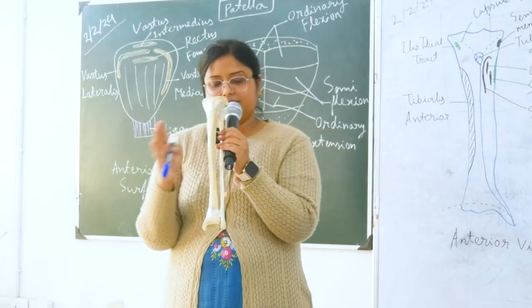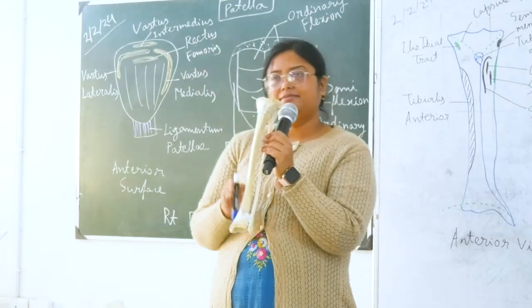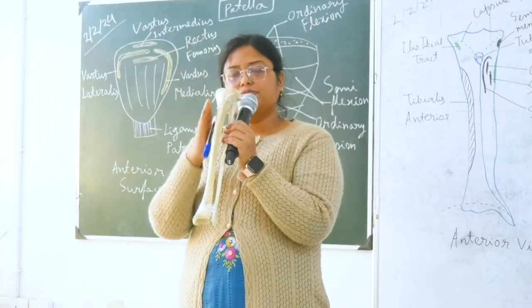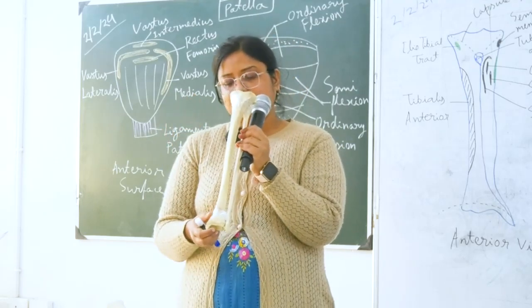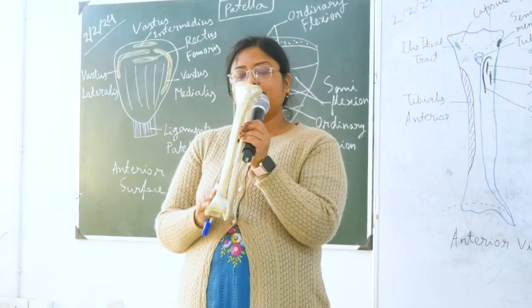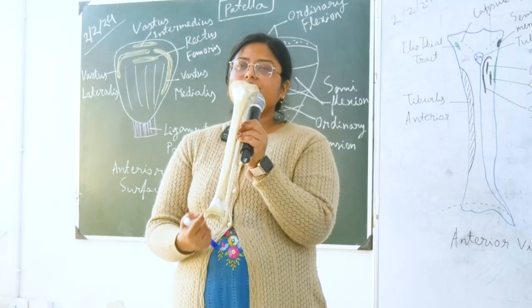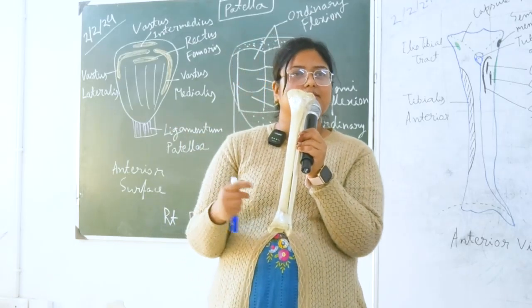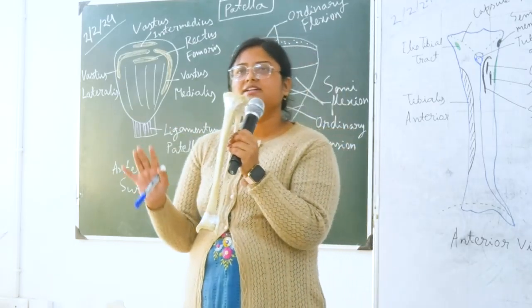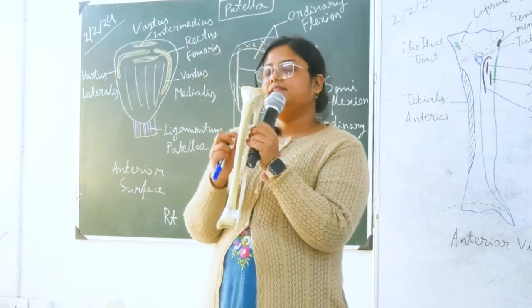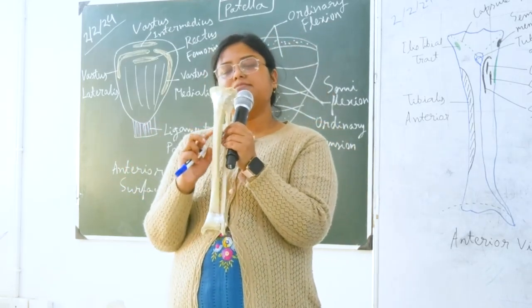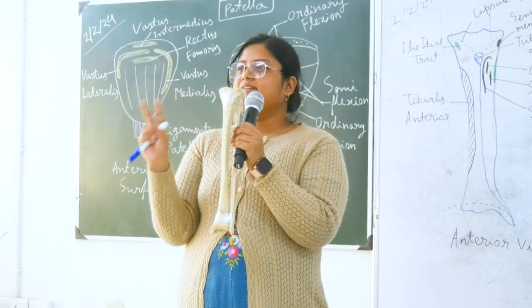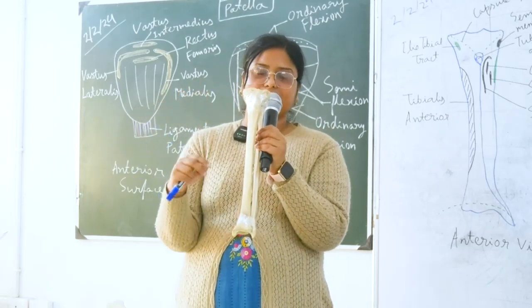First we discuss the medial surface. Medial surface is mostly subcutaneous. In the lower part it is crossed by the great saphenous vein, and in the upper part near the medial border there is insertion of three muscles.